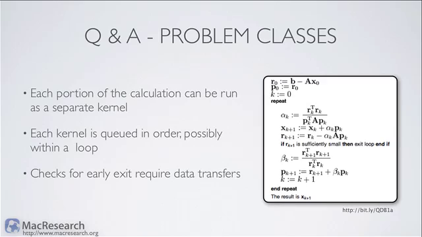Have I converged, or have I done what I'm supposed to do? The problem with those is that once you queue something up into an OpenCL queue, it has to finish. It's there, and there's no way that I know of, at least, to pull something out of a queue or to terminate early. And so if you're doing conditional checks, what you really want to do is maybe say, let's do 10 loops of conjugate gradient minimization, and then let's just do a check. Let's sum up everything, look at our residual over on the CPU, because that might be just a single value that we have to send over to the CPU.